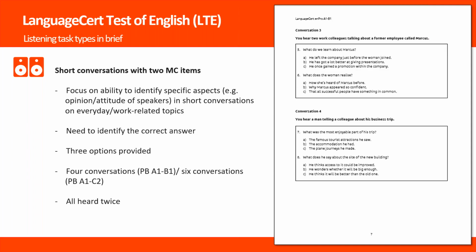Here, the focus is on the candidate's ability to identify specific aspects, for example, the opinion, the attitude of speakers, in short conversations on everyday or work-related topics. 3 options are provided once again, and there are 4 conversations for candidates taking the paper-based A1-B1 test, and 6 conversations for those taking the paper-based A1-C2 test. All conversations are heard twice.